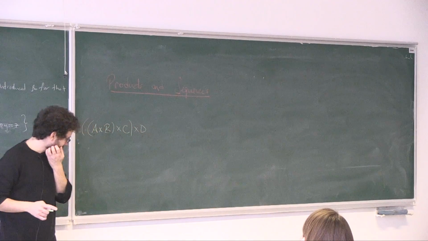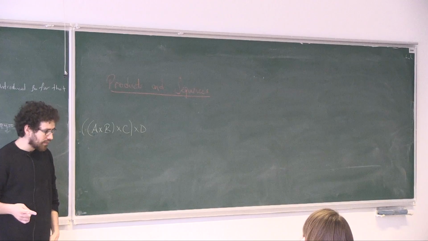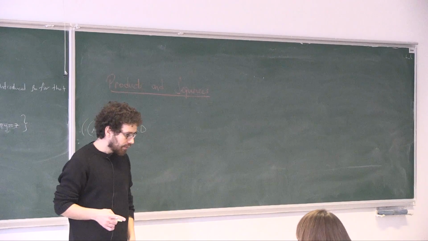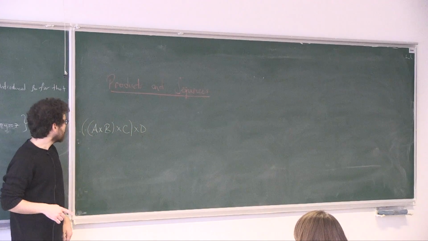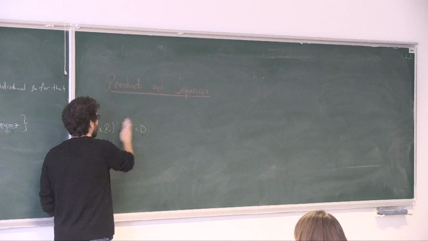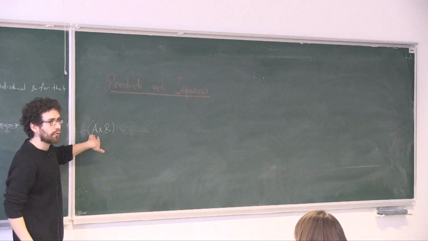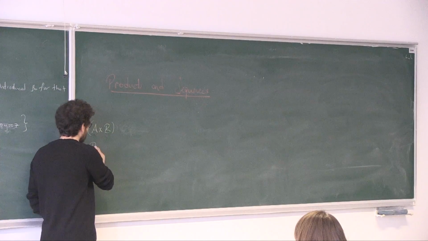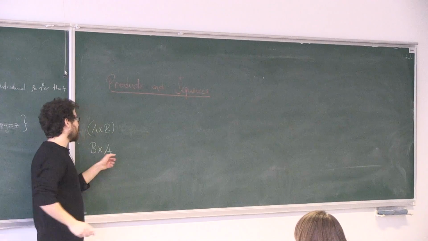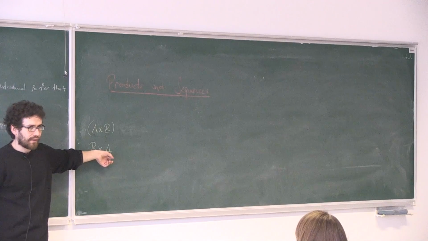First of all, let's make some observations that are going to motivate the definitions that I will write. Let's get rid of these guys. A cross B is the set of all ordered pairs where the first component comes from A, the second component comes from B. Now this is a very similar object, except they are not the same set, right?